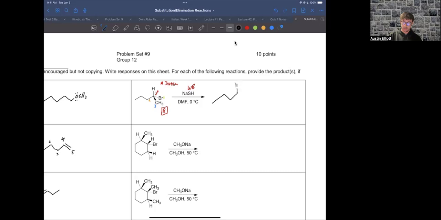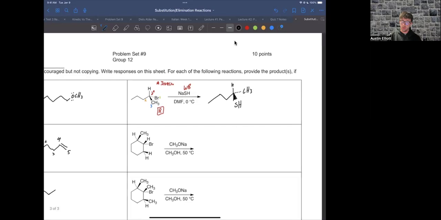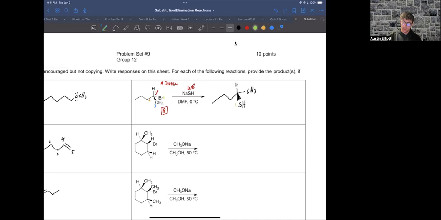So you can keep that H going up like that. But now we're going to have that methyl group coming out like that. And then the group that we substituted, our SH group, coming out like that. So then if we number, our 1's going to be here, 2 there, 3 there, and of course our hydrogen is our 4th group.